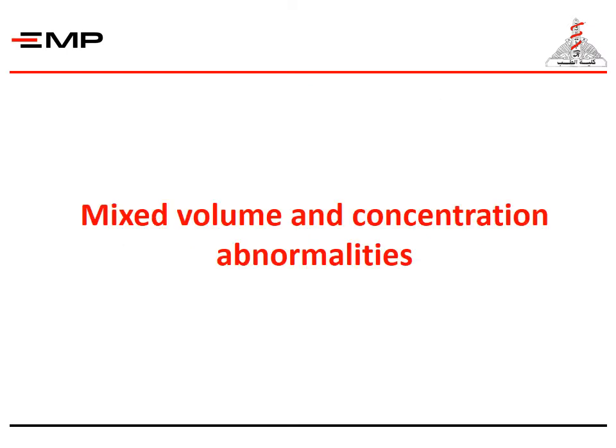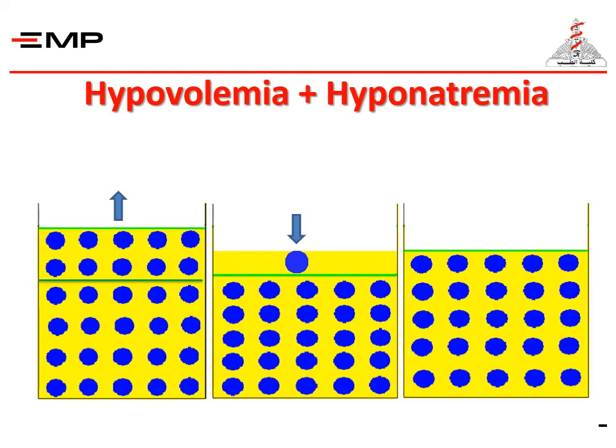We have discussed now pure volume abnormalities and pure concentration abnormalities. But often the abnormality is of mixed volume and concentration types. The signs and symptoms tend to be an algebraic composite of each state. An example is partial compensation for isotonic losses, hypovolemia, by hypotonic solutions.